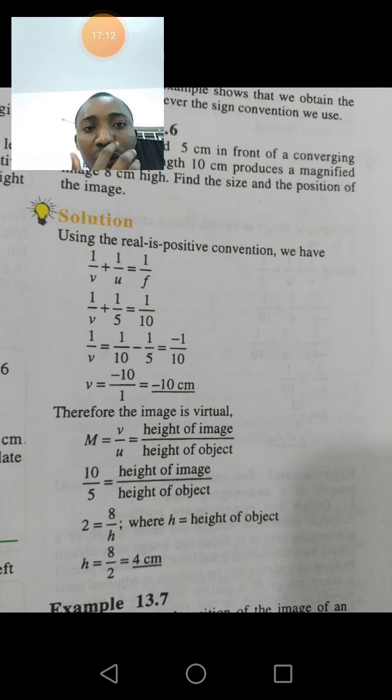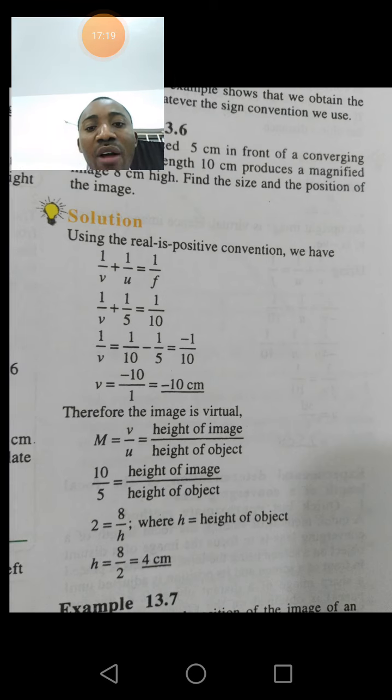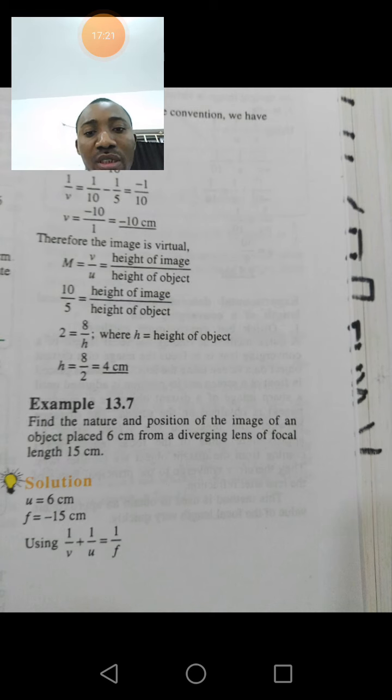Okay, so using real is positive now, since f is minus 15, and u is 6, we are going to have 1 over v equals minus 1 over 15 minus 1 over 6.